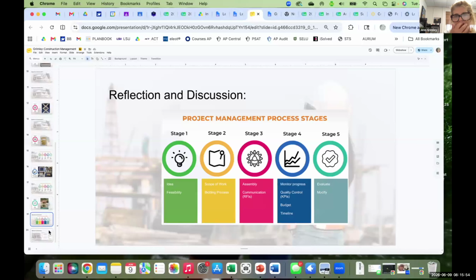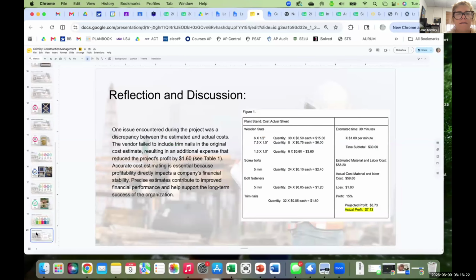And then in the reflection and discussion, you can see that the pieces that happened in each stage were tied back to what happened during that. In the lab report, it goes more in depth as to, during stage one, they had the idea and the feasibility, the scope of work, and so on in stage two, all the way up to stage five.